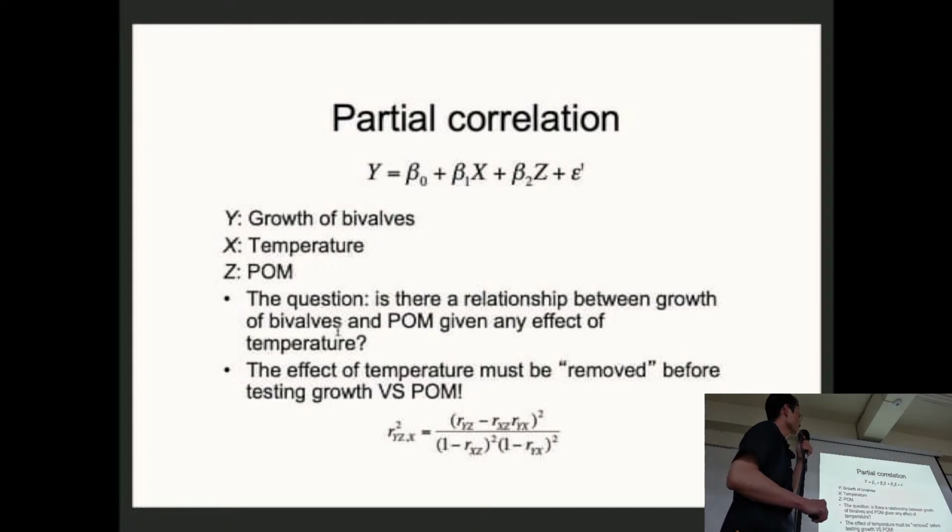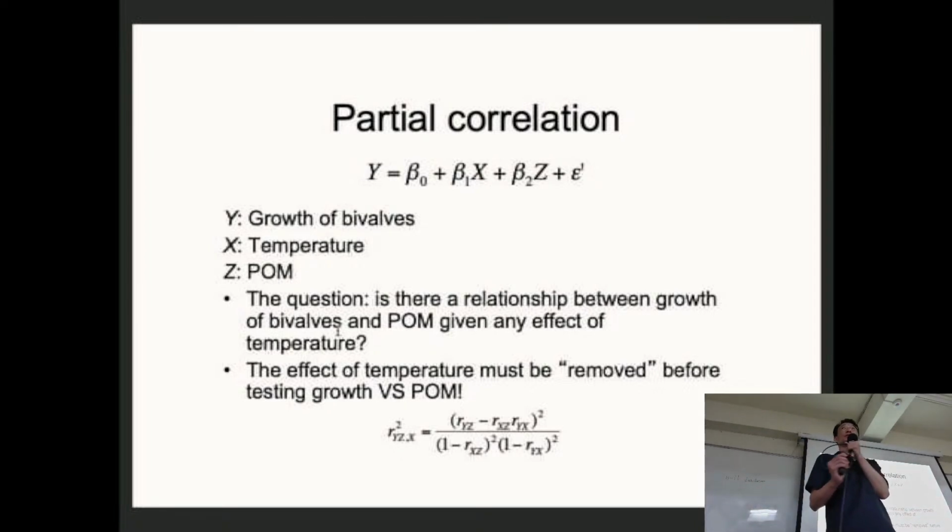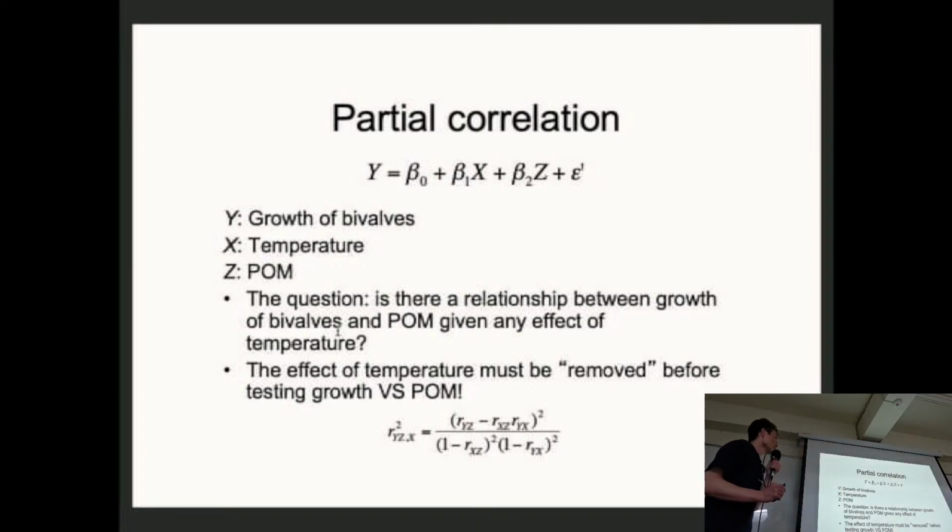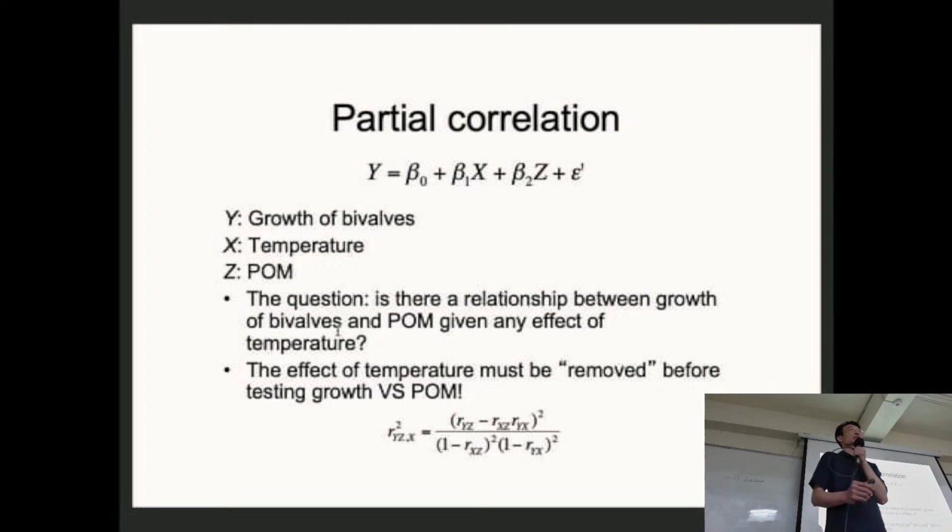So the effect of temperature needs to be removed from growth rate, and also removed from POM. That's the definition of partial correlation. Of course, this is a classical way to calculate partial correlation.